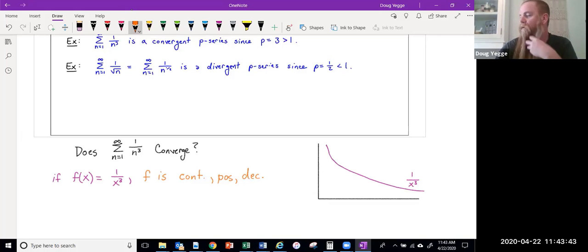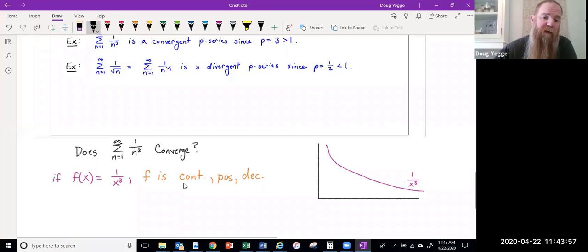Okay, so what we're basically showing here is that this criteria has to be met to even think to use the integral test. If you don't state that, then you're not using the integral test. Okay, you have to make sure that you state this criteria. So now that means that all we've got to do is find the integral from 1 to infinity of 1 over x cubed dx. Well, look at that.